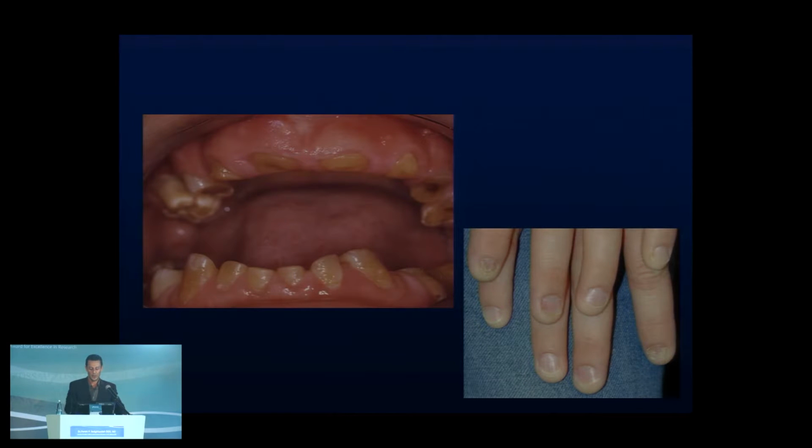Okay? What do you guys think? Any differentials for this? What? Amelogenesis imperfecta? No. Dentinogenesis imperfecta? Odontogenesis? Okay. What else? What germ layer does enamel come from? Ectoderm.